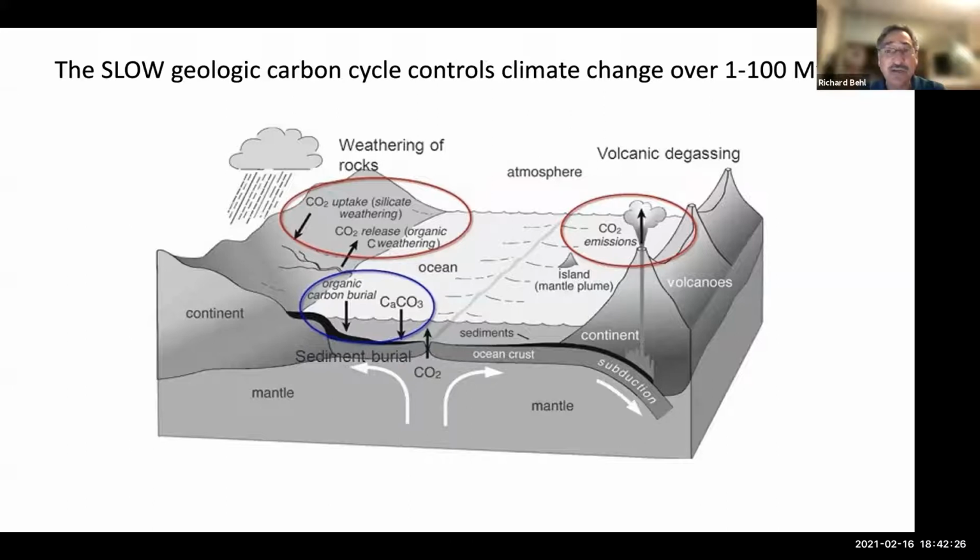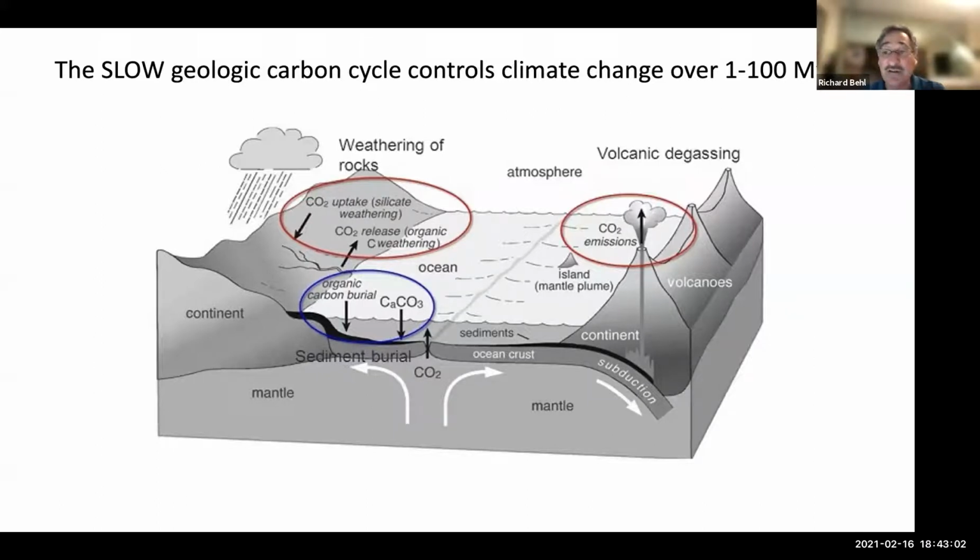So over millions of years to tens to even hundreds of millions of years, the movement of carbon from CO2 in the atmosphere to take up during weathering of silicate and carbonate rocks that are exposed at the surface, to being transmitted into organic matter or calcium carbonate and being buried in sediment, burying that, then taking it down with plate tectonics, ultimately to be metamorphosed or to be melted and subducted and then come back up to the surface, or maybe being uplifted by tectonics to be exposed again.